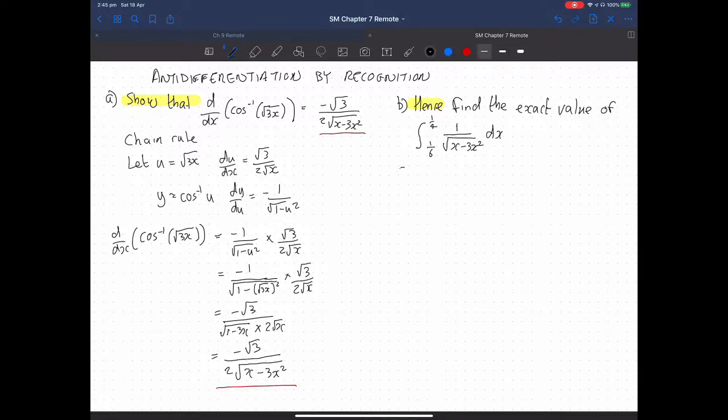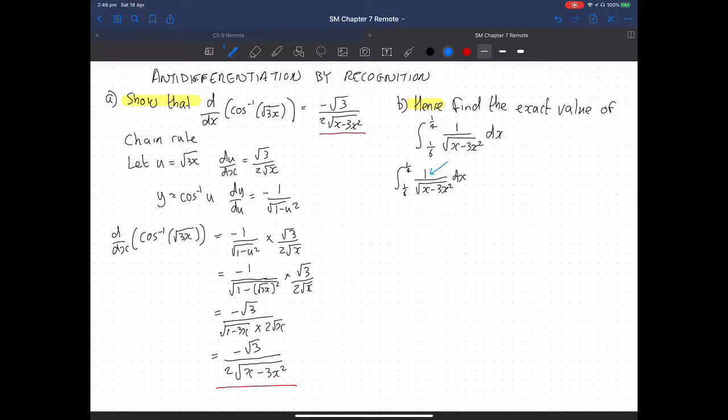So the integral from 1/4 to 1/6 of 1 over the square root of x minus 3x squared dx. Now what can we do? If we have a look at what we're asked to do and what we've just got, you'll see there are some similarities. On the top line, though, what we're asked to anti-differentiate has a 1.